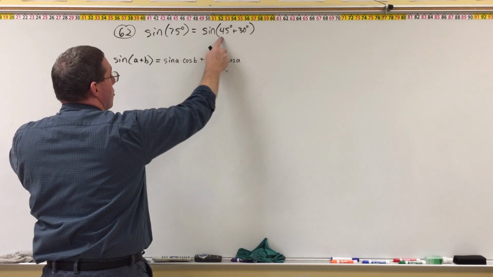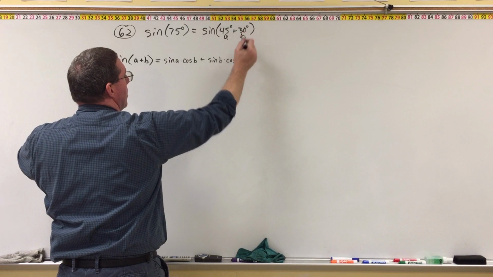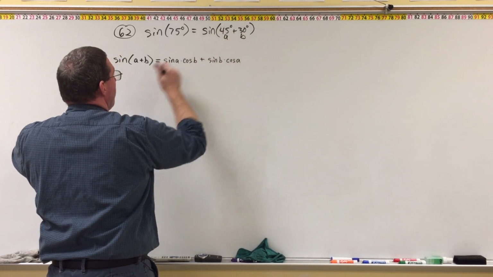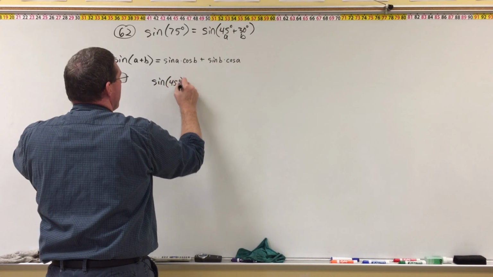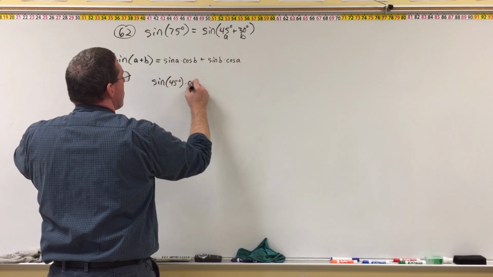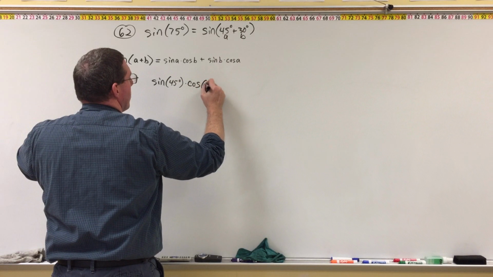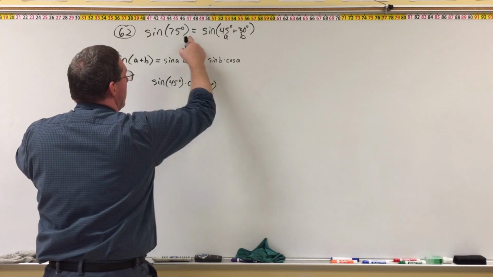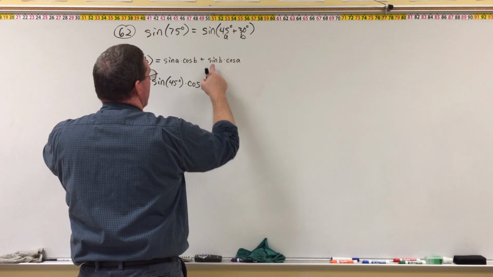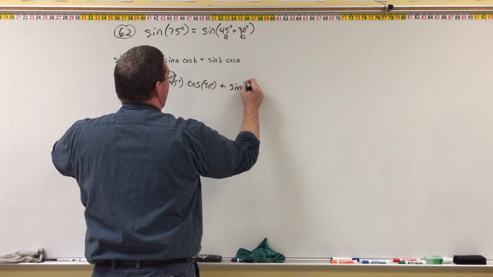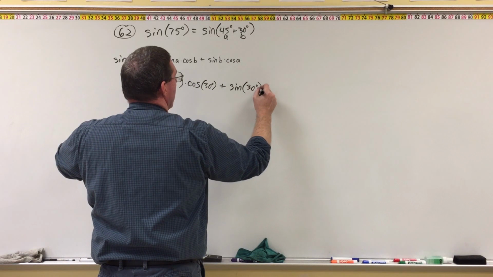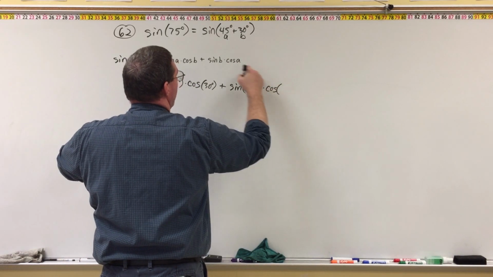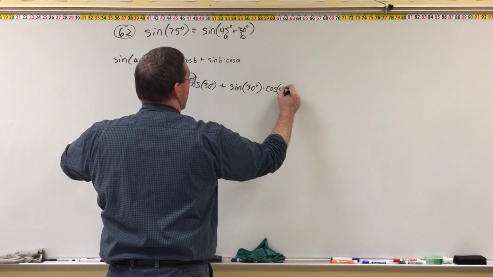This is going to be a, and this is going to be b. So we're going to do sine of a, sine of 45 degrees, times cosine of 30 degrees, plus sine of b, which is 30 degrees, times cosine of a, which is 45 degrees.